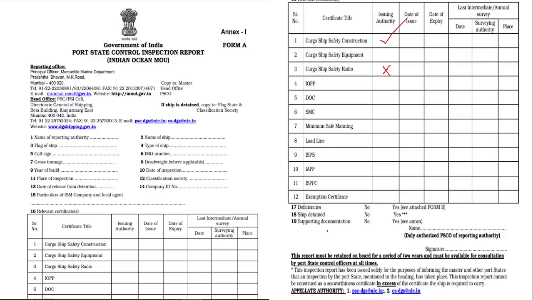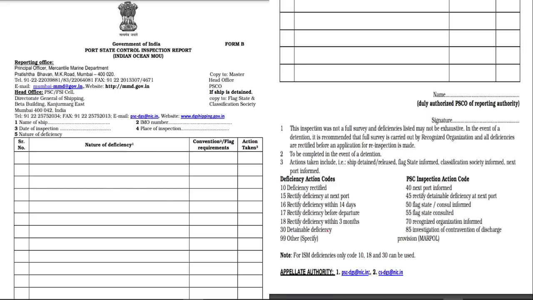Now suppose you have been given some deficiency, so they will write serial number 1, 2, 3, and they will write the deficiency in detail, and after that they will write the code 17, and after that they will write the action taken, that is what code they have given.